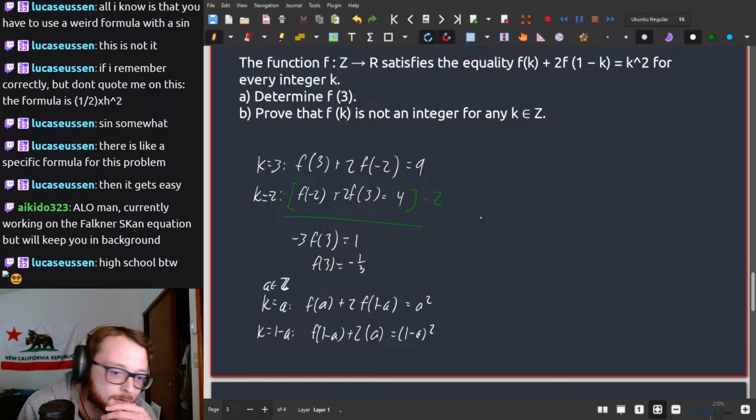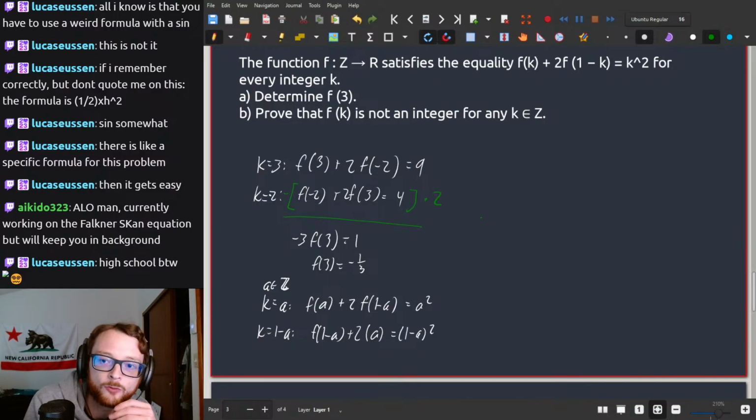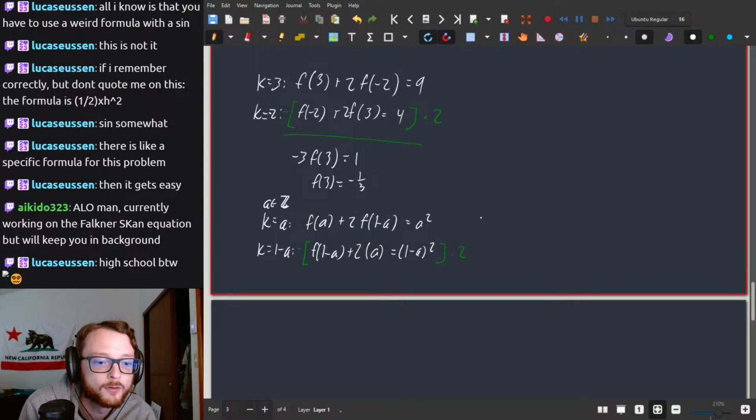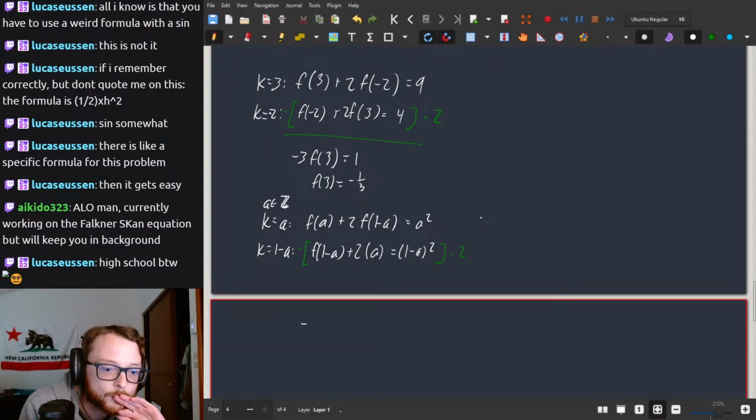Okay, and then I want to do the same thing. Multiply by 2 and subtract. So we get minus 3. I keep making typos.